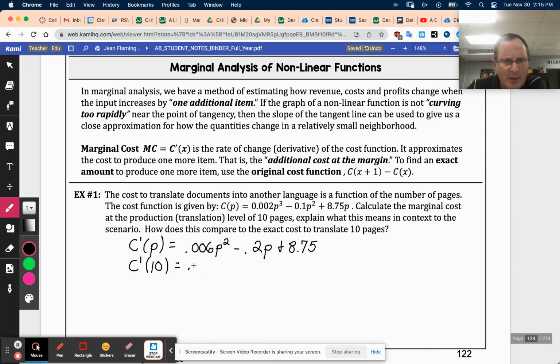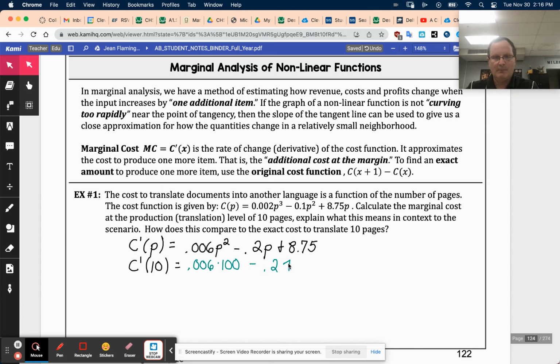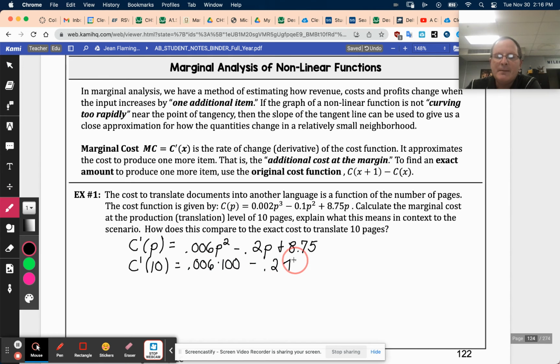All right, so this is going to be 0.006 times 10 squared, minus 0.2 times 10, plus 8.75.